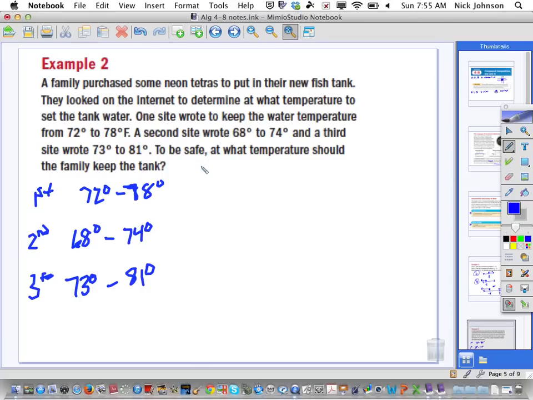Well, if you look at this, this is from 72 to 78. Okay? So we'll just use that as our means right now. So they're saying from 72 to 78. Okay?